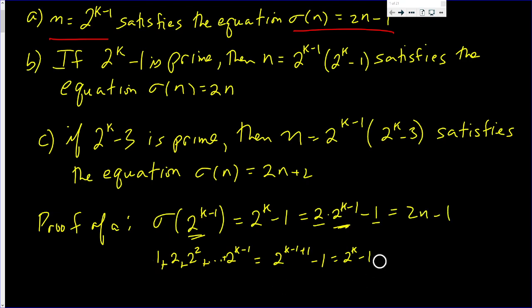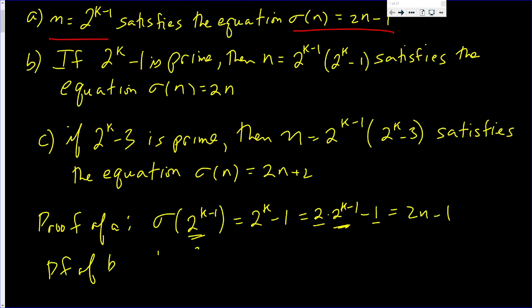Let's get rid of our side work. Proof of B. B says that if 2 to the k minus 1 is prime, then this value of n satisfies that equation. Okay.